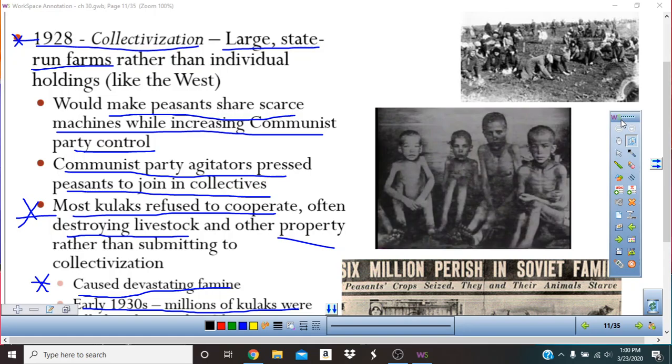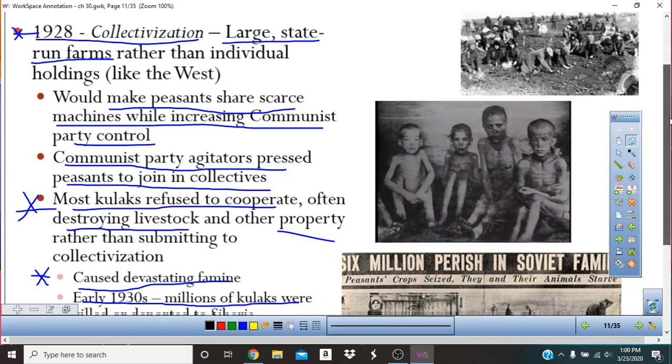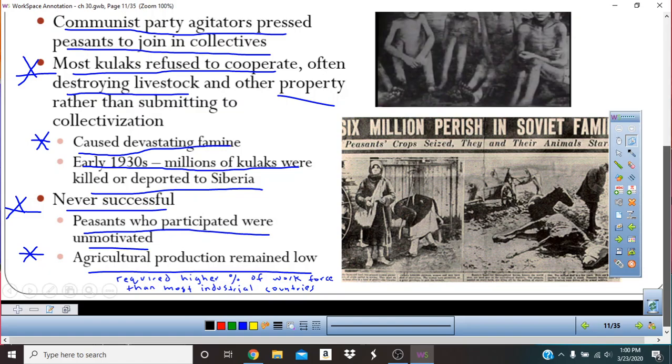And as you could imagine, the farmers, they were called kulaks. They were wealthy peasants that owned farmland. They're not going to just say, oh, okay, communist, no problem, sounds good. No, they're going to fight, and they are going to refuse to cooperate. Many of them would destroy their own crops, would destroy their own equipment, would destroy their own farms.